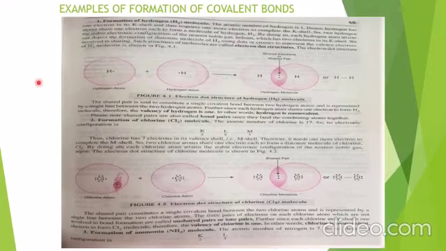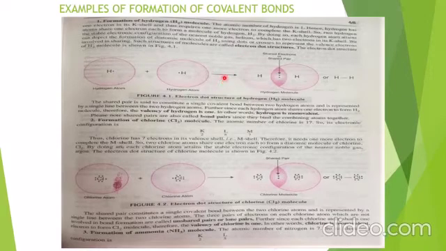As we know, one hydrogen atom has 1 electron and it requires 1 more electron to complete its shell. So when we combine one H atom with another H atom, if we make their electron dot structure, then H has 1 electron, which can be represented by a dot or a cross. Similarly here. So these are being shown. And this is how they will overlap each other and form a shared pair.